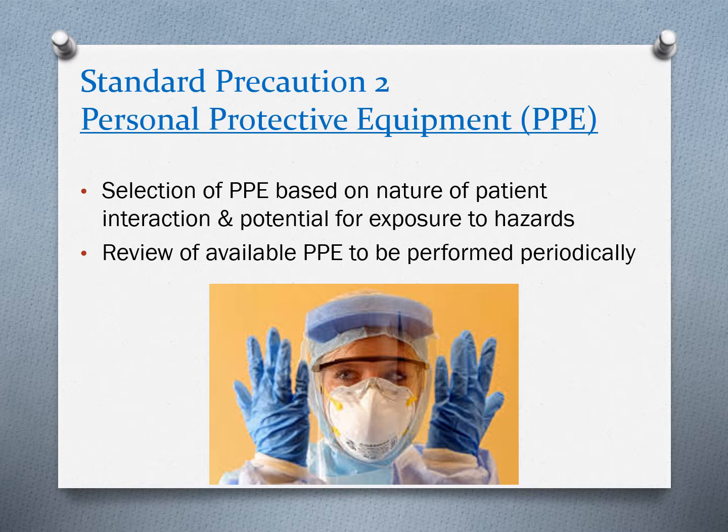The kind of PPE to be used is decided based on the nature of interaction with the patient and the potential for exposure to hazards. Sufficient and appropriate PPE must be provided and be accessible to all healthcare workers. Periodically, the available PPE must be reviewed.